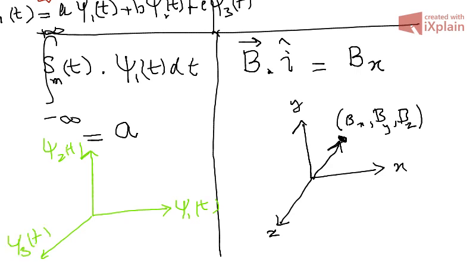This is a three-dimensional signal space, and any point here defines a signal point A, B, and C. This is the signal point and a signal vector.